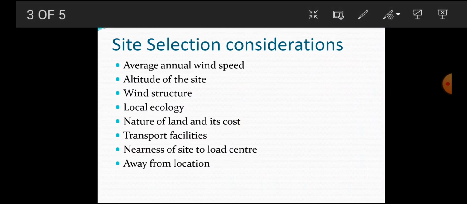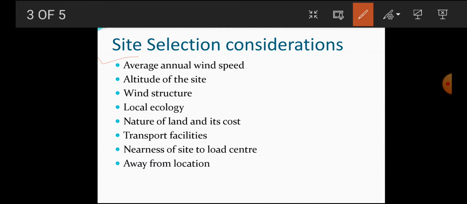into many factors. The first factor is average annual wind speed. How much wind is available on that site, and what is the speed of that wind. The power available in wind increases rapidly with wind speed.